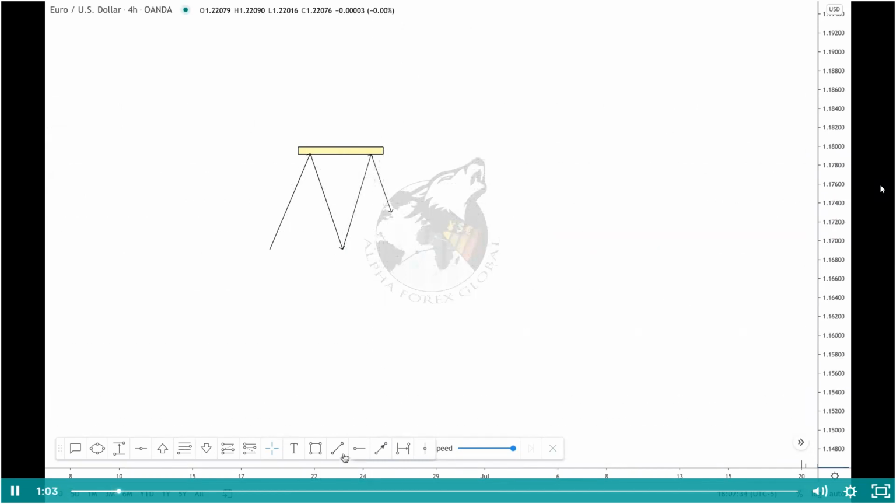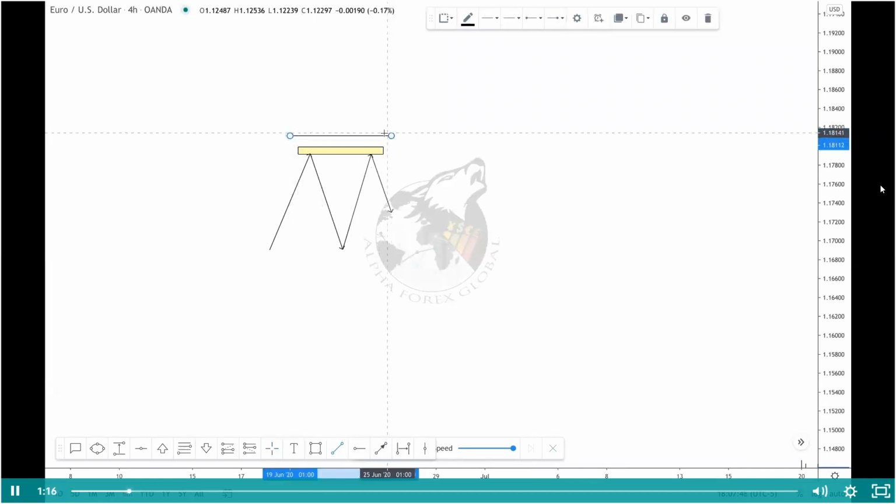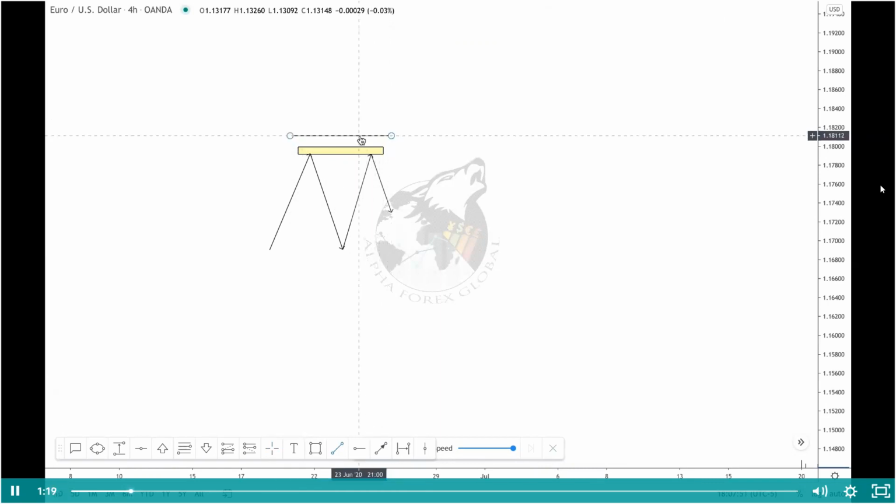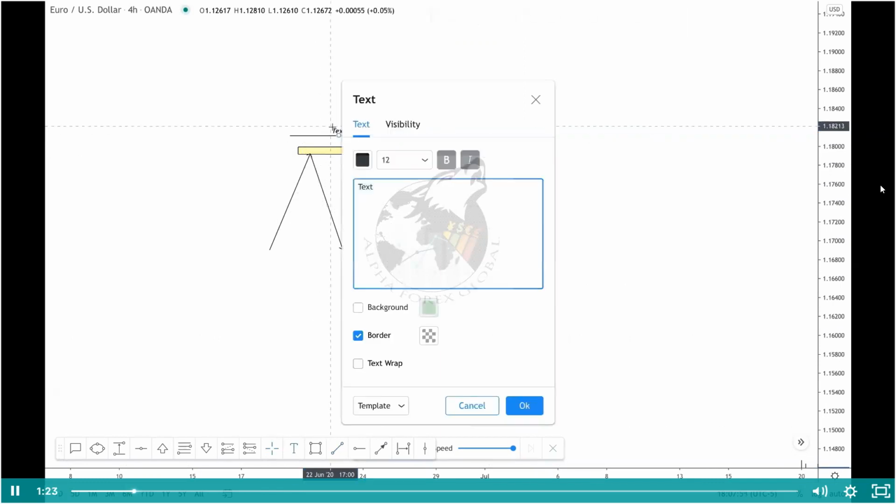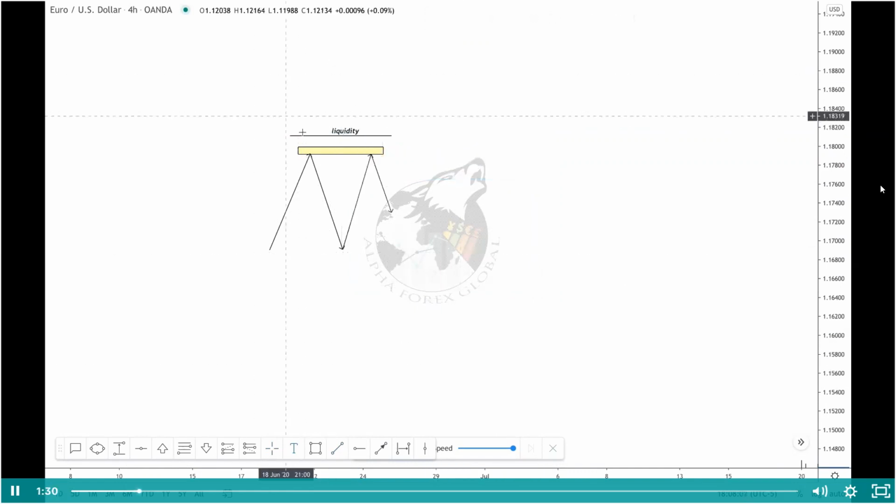If liquidity is found at equal highs, and liquidity is basically money in the form of stop losses and orders, that means we would have a pool of liquidity above this area. So let me label this as liquidity. This is liquidity per se, because this is an equal high.